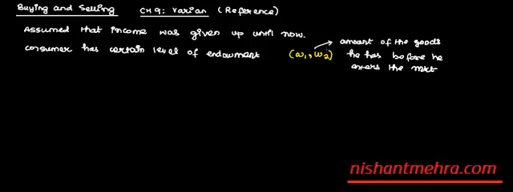There is no trade that has taken place, and this is what he has when he enters the market. So he'll be selling or buying a certain amount of goods with this.